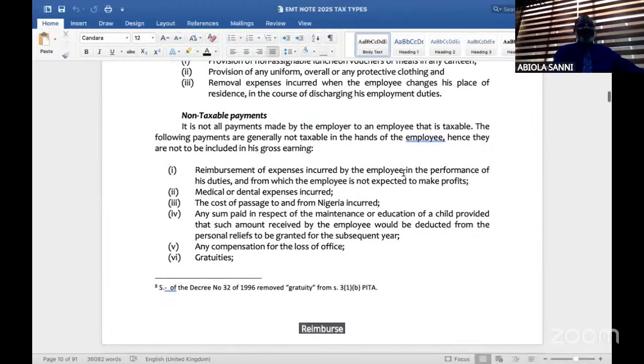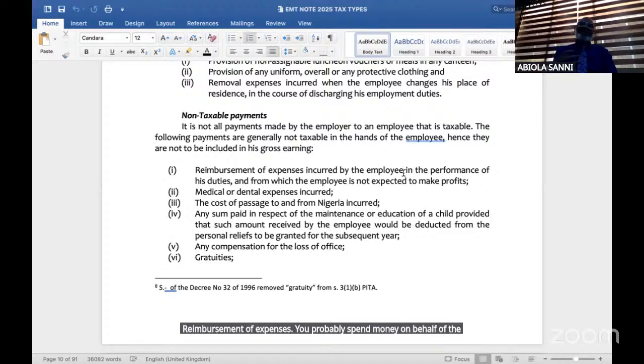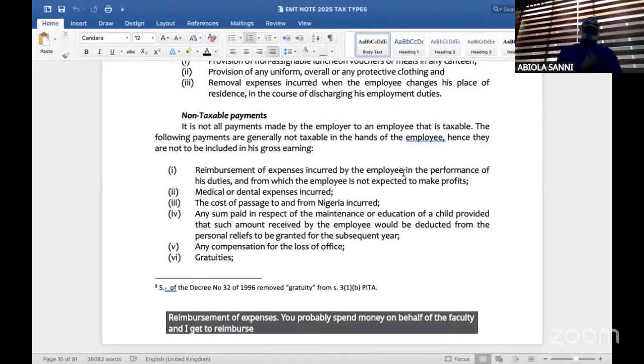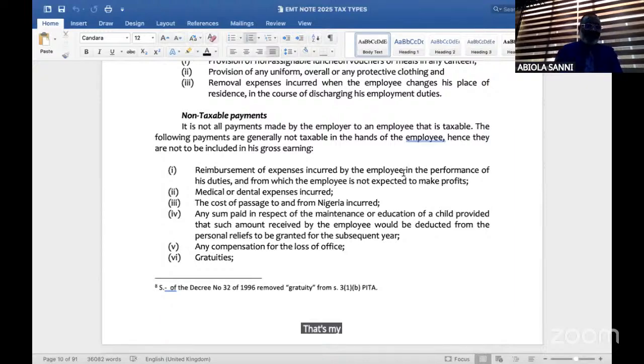Reimbursement of expenses. If I spend money on behalf of the faculty and I get reimbursed, that cannot be taxed as my income because it is cost recovery. I'm getting my money back. Medical or dental expenses: if I've incurred medical and dental expenses and I'm being paid for it, it is not taxable.